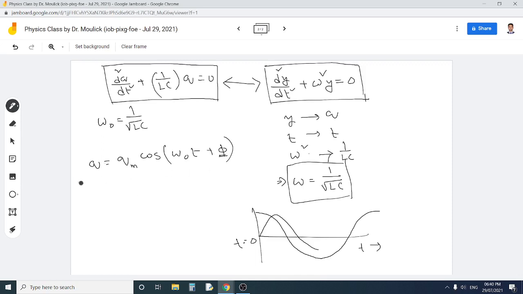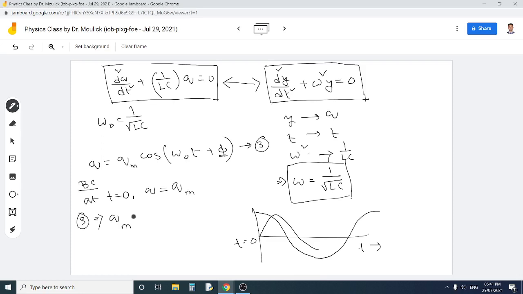So what is the boundary condition? The boundary condition says at time t equal to 0, the charge q is equal to qm, because the charge on the capacitor is maximum. So if you put this into this particular equation, let's consider this equation to be 3. In that case, equation 3 implies, put time t equal to 0, q equal to qm.